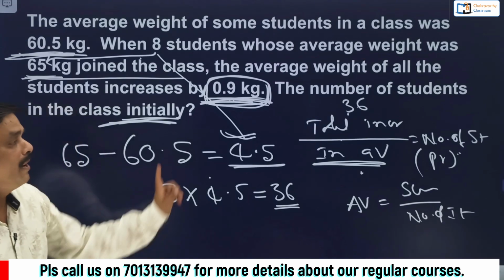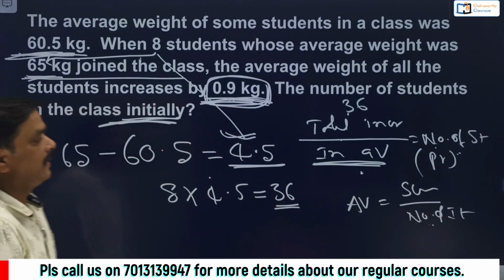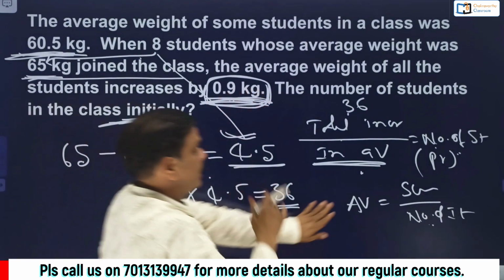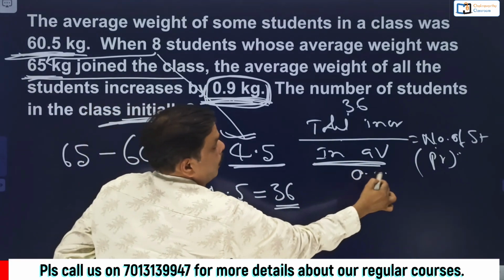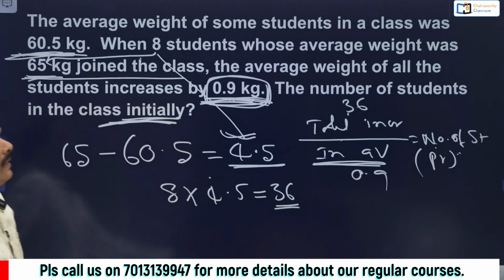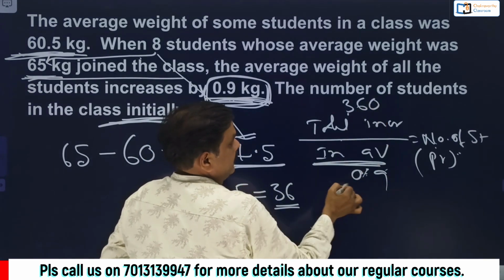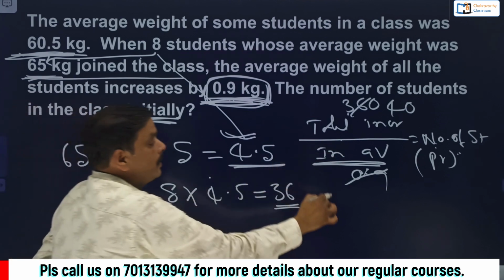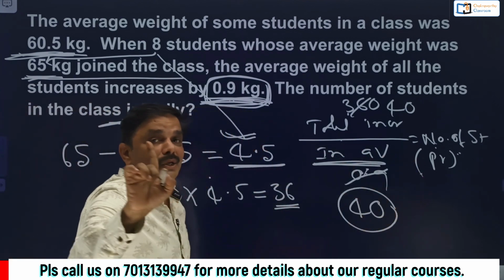Now I am finding the number of items: number of items is equal to total sum divided by average. Here the total increment is 36, on an average 0.9. So 36 divided by 0.9: take out the point, it is 360 divided by 9, which is 40.